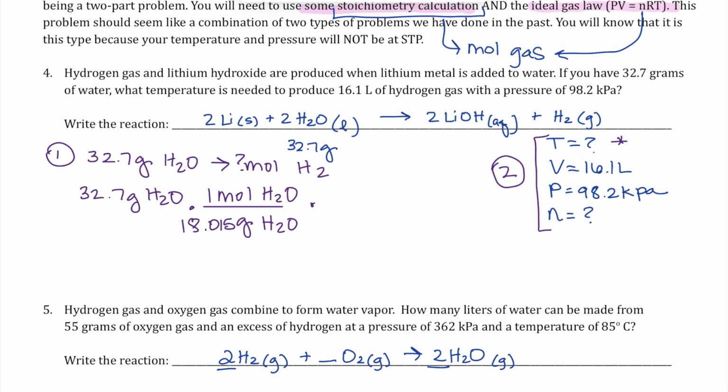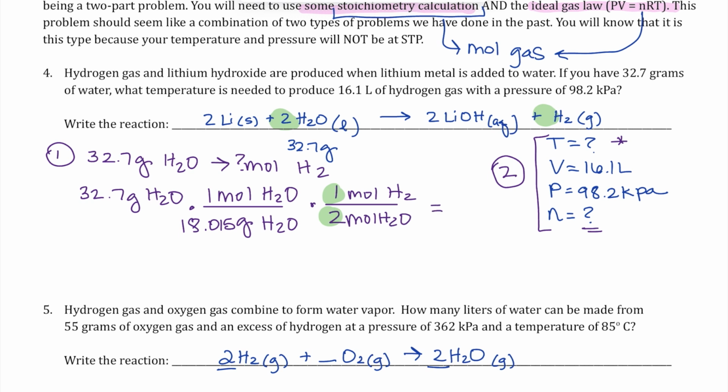Then I need to get rid of my moles of H2O, and I want moles of hydrogen because that is what I need to find. Using our coefficients from our balanced chemical reaction, we have just 1 mole of hydrogen to 2 moles of H2O, and so we're going to plug those in.